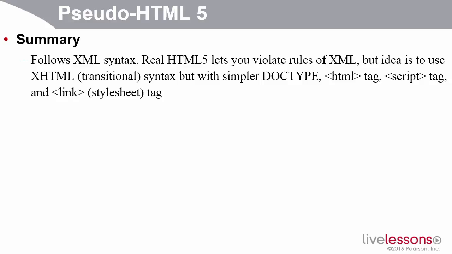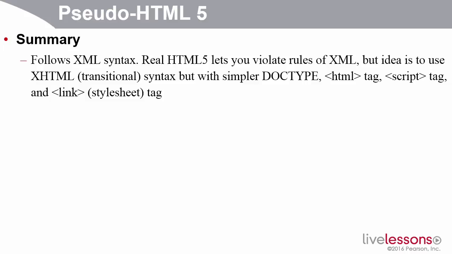And so the idea is that you write it like XHTML, except for the doc type, HTML tag, and perhaps the script tag. So you follow XML syntax. You always have an end tag, and you always use lowercase, even though HTML5 doesn't actually require this. HTML5 lets you omit end tags in a number of cases, like for P and LI and TR and TD and TH. Those are for tables and lists.